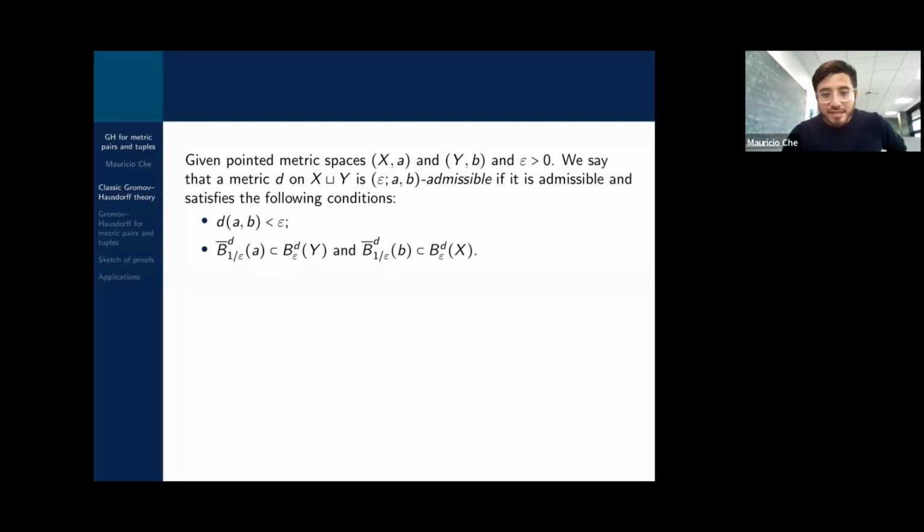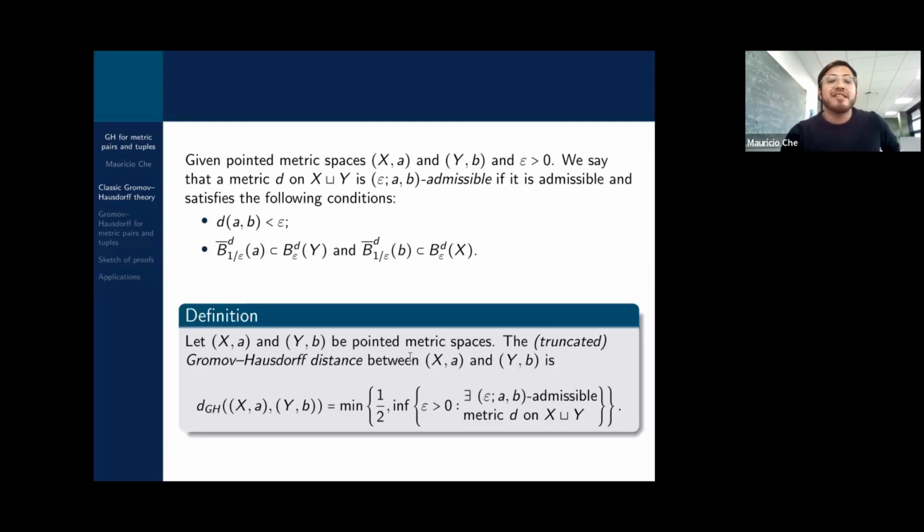Okay? It turns out that using these kind of admissible metrics, we can define a distance function between pointed metric spaces like this. We take the infimum of epsilon such that there exist epsilon-A-B admissible metrics, and we take the minimum with some positive number, because this infimum really could be infinite, okay? But when we take this minimum here, then this function is finite, and it defines a metric in this setting.